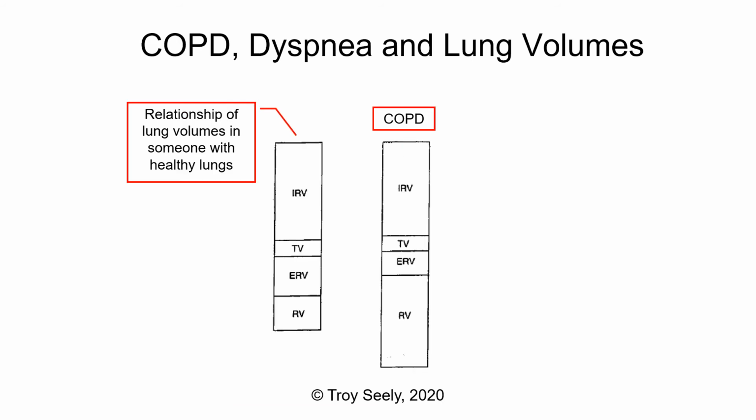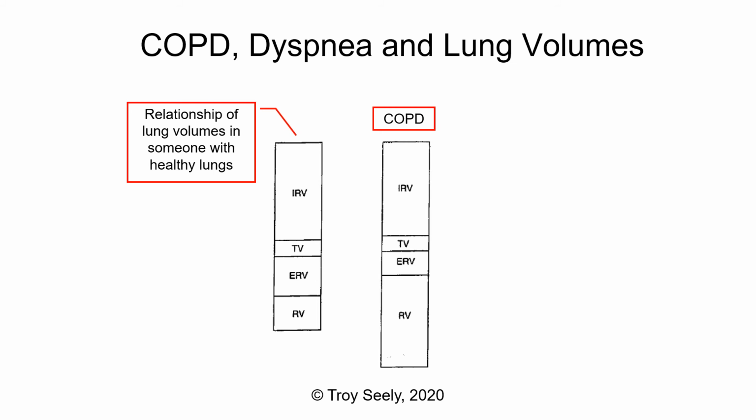So now moving on to COPD, dyspnea, and lung volumes. In case you're curious, dyspnea is the medical term for shortness of breath. On the left, we have the representation or relationships of lung volumes that we were familiar with earlier on related to healthy lungs. So we can appreciate there's inspiratory reserve volume, tidal volume, expiratory reserve volume, and residual volume.